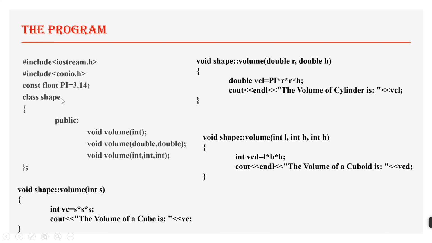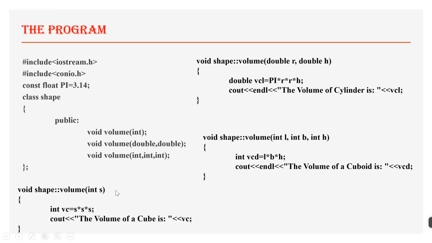I am defining a class called shape, wherein in the public section I am defining the three functions: void volume of integer, void volume of double comma double, void volume of integer comma integer comma integer. The first one is to find out the volume of a cube, the second one is to find out the volume of a cylinder, and the third one is to find out the volume of a cuboid.